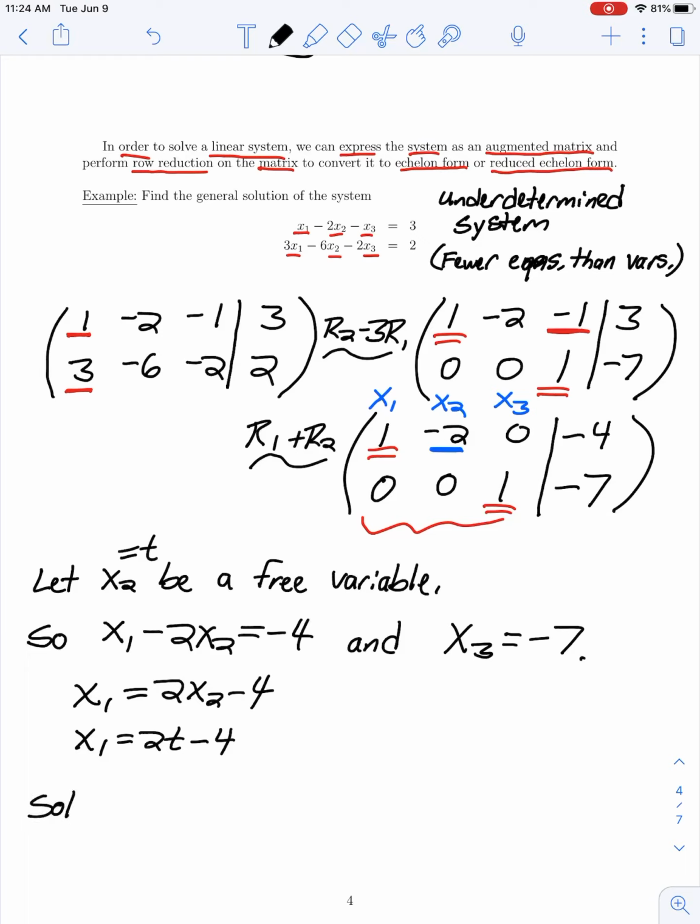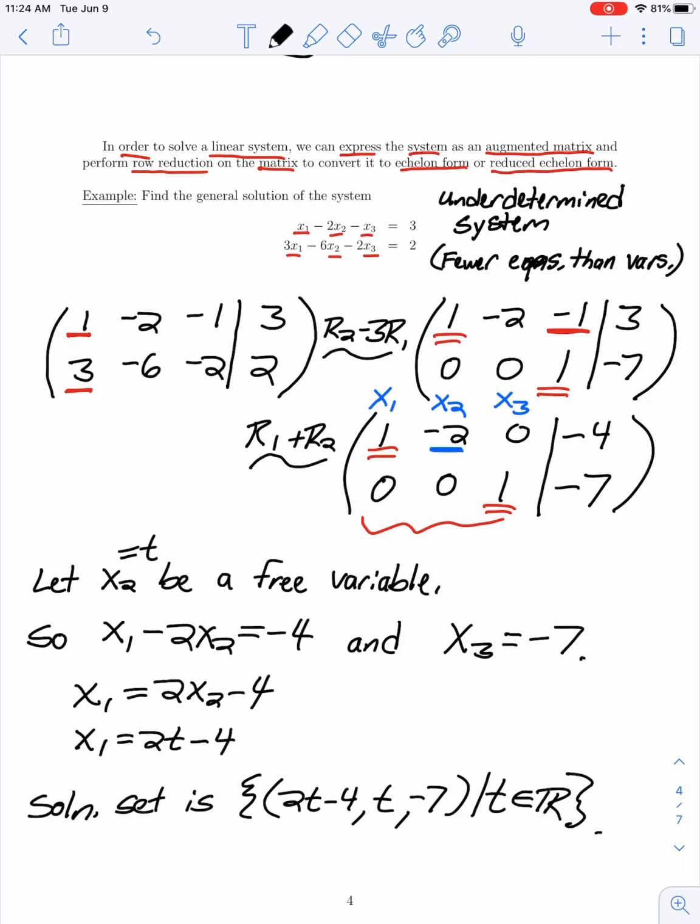So here my solution set would be the set of all points x1, x2, x3, where x1 is given by 2t minus 4, x2 is equal to t, and x3 is equal to -7, such that t could be any real number.